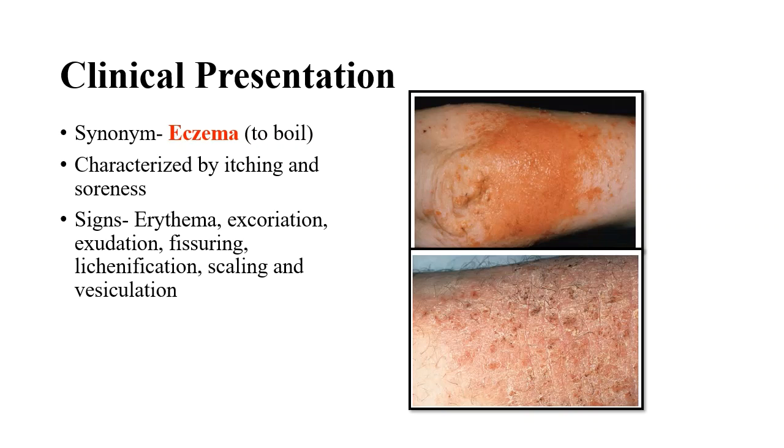Clinically it is known as eczema, which means to boil. It is characterized by itching and soreness. This picture is showing acute eczema with erythema and marked exudation. And this is a picture of chronic eczema of the arm showing lichenification, that is leathery and thickened skin, along with fissuring and scaling.